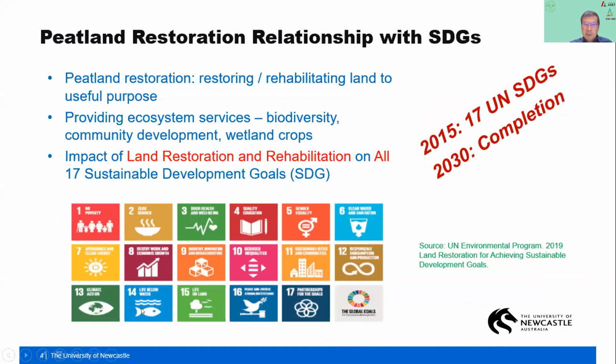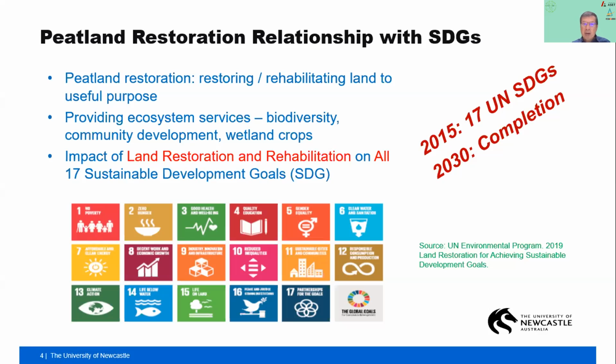In terms of the relationship with the UN SDGs, we find that peatland restoration, in other words restoration and rehabilitation of land, is very important, right? Because it provides ecosystem services, biodiversity, as we mentioned earlier, community development, and wetland crops.